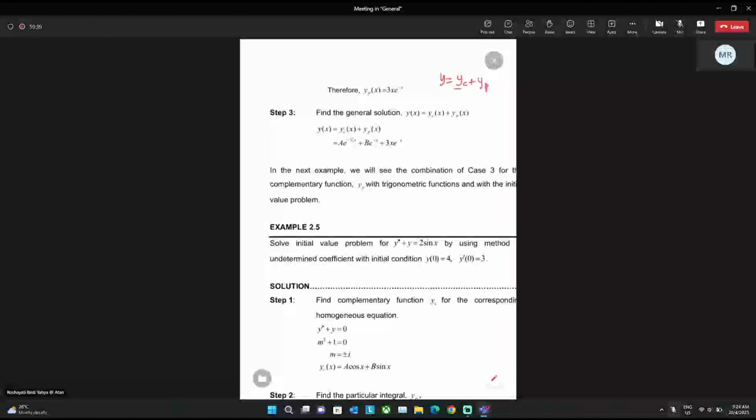Okay, YC and YP in function of X. Same goes to this Y, function of X. So we have YC. This is YP. Right. Ada soalan lagi?